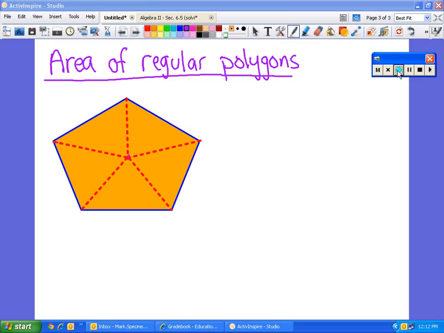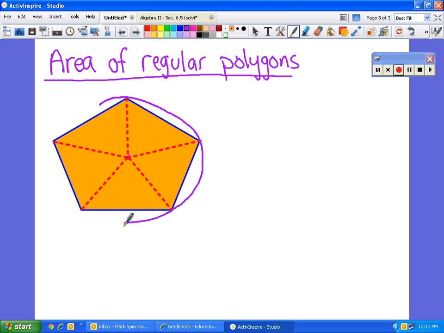Basically, you can have a polygon with a circle circumscribed around it. And if I draw a line from the center of that polygon out to the edge of the circle, what do we call the line that goes from the center of the circle? Radius. It's a radius.